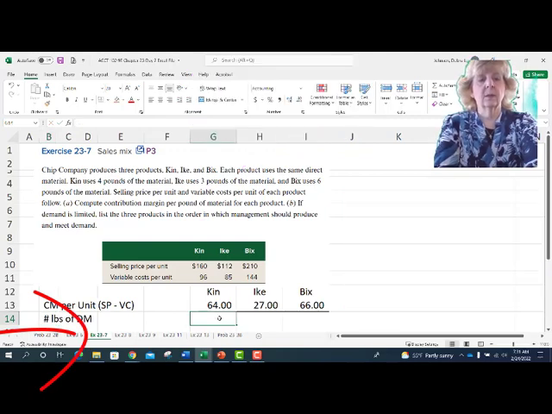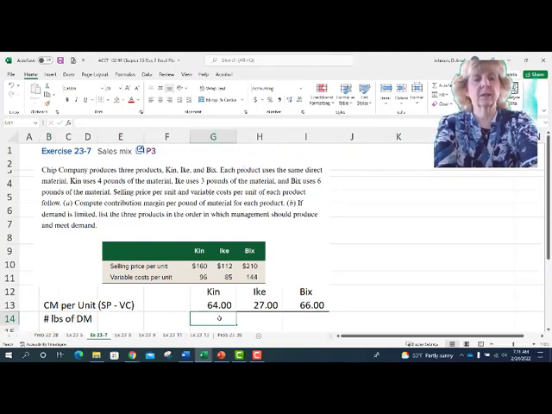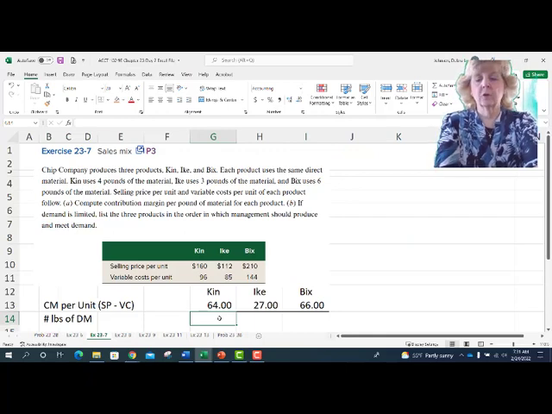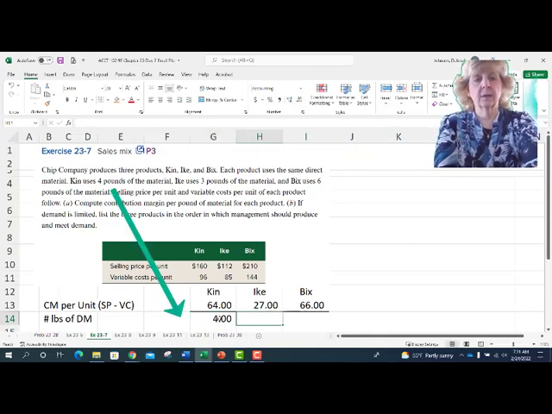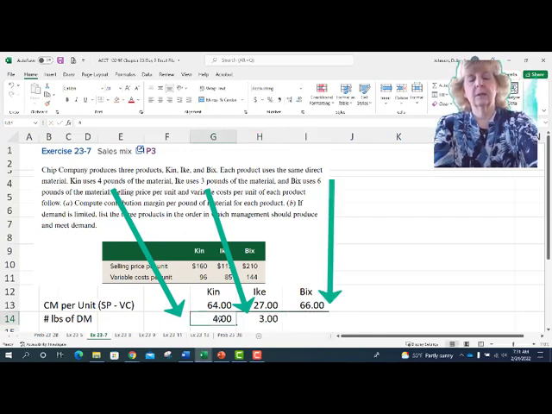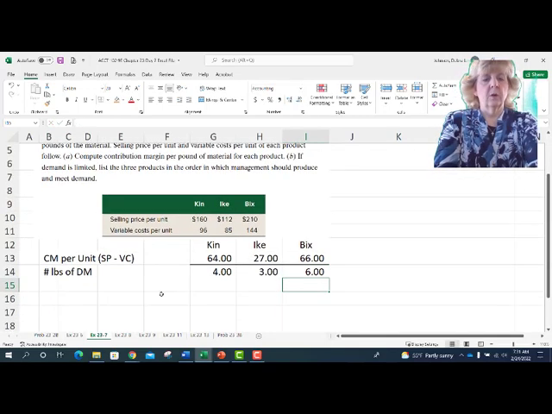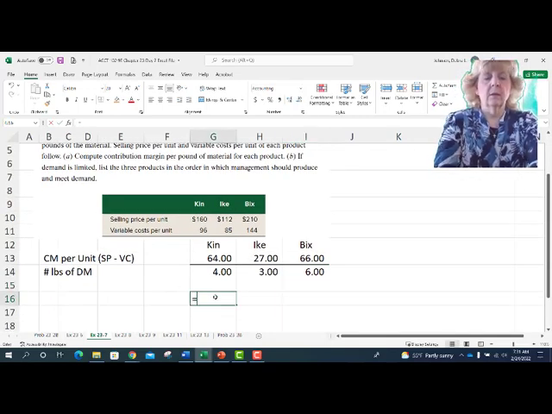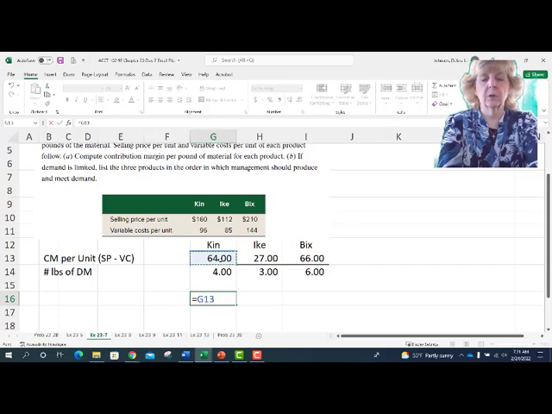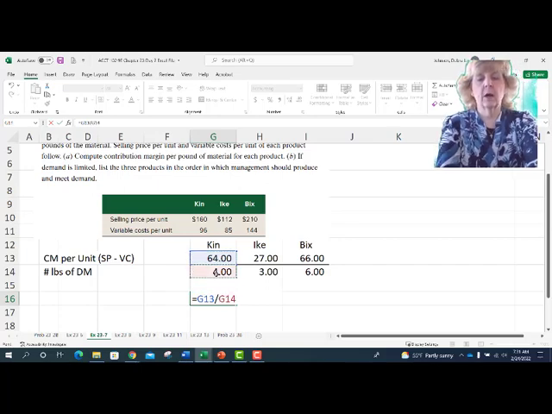They gave that to us in the first or second sentence up there. The first one uses 4 pounds, the second one uses 3 pounds, the last one uses 6 pounds. And so when we do the math on that, we will get the contribution margin per pound of direct material.